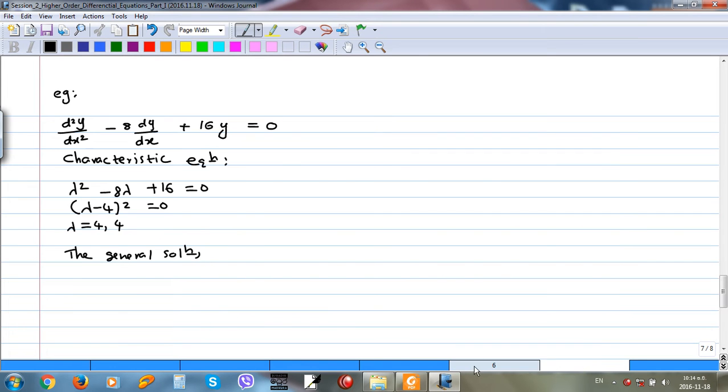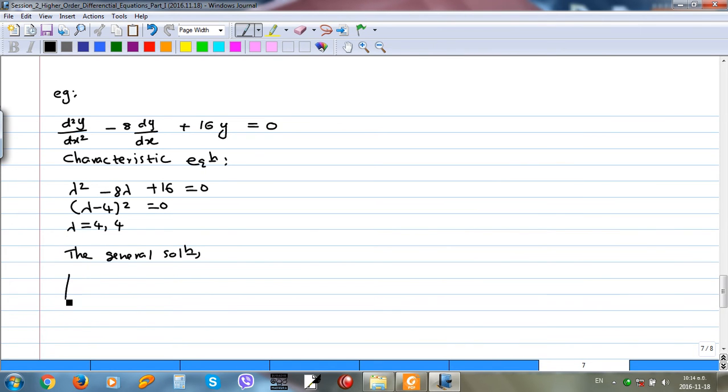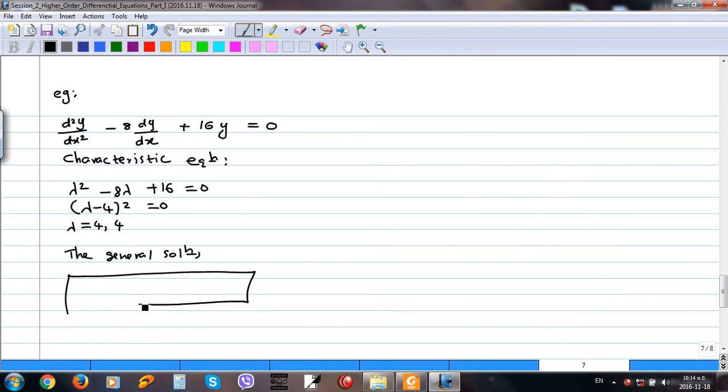So we have to use this one, this is the general form: y equals c1 e^(lambda x) plus c2 x e^(lambda x).